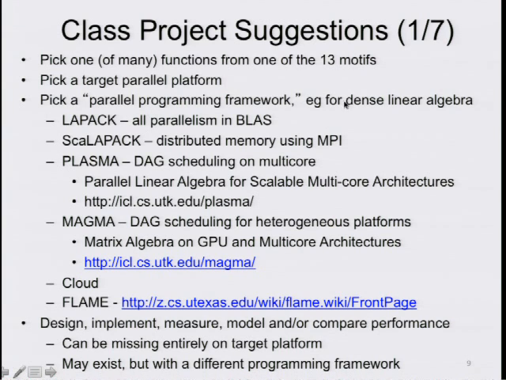You could pick a parallel programming framework, and here I happen to list them all for dense linear algebra, different ways of parallelizing it. And then you could design an algorithm, implement it, measure it, and compare it to the other existing implementations. And you can do that 13 times, right? There's whichever motif you happen to be interested in. That's sort of a general pattern for doing a class project.